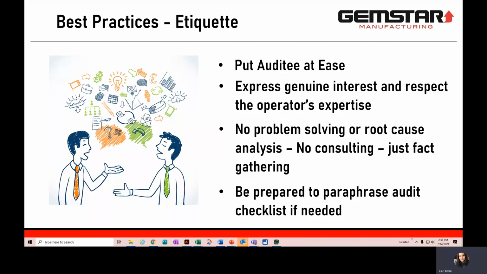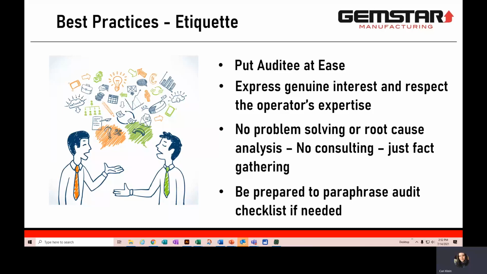And be conversational, friendly, whatever it takes to set them at ease. Expressing a genuine interest and respect for their expertise. I've been telling them it's a chance for them to show and tell a little bit about what they do and what they do best here, and to explain it. So yes, they are all eyes on them at the moment.